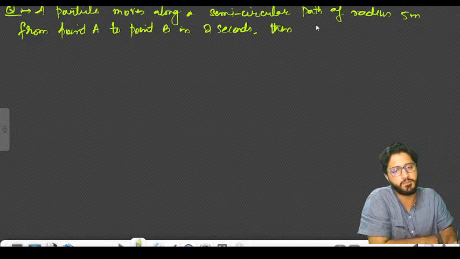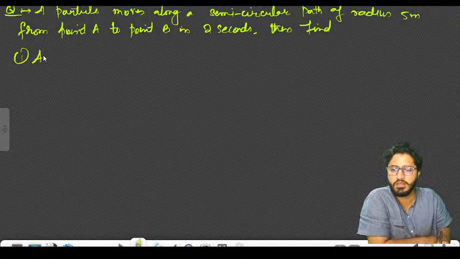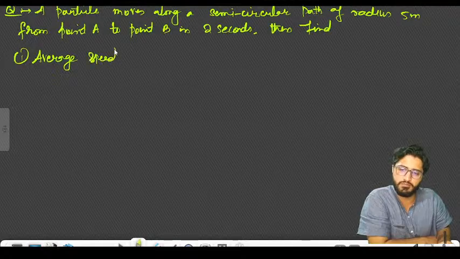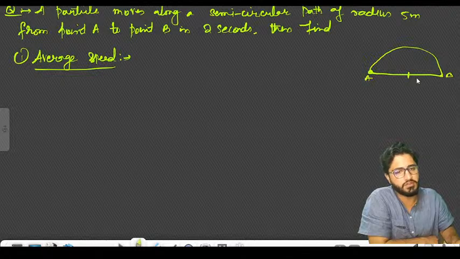Then find, first thing, average speed. So if we are having a semicircular path like this, and its radius is equal to 5 meter.